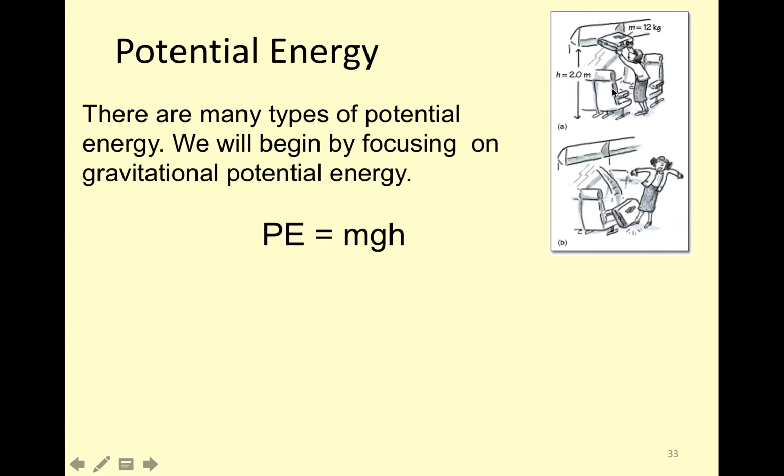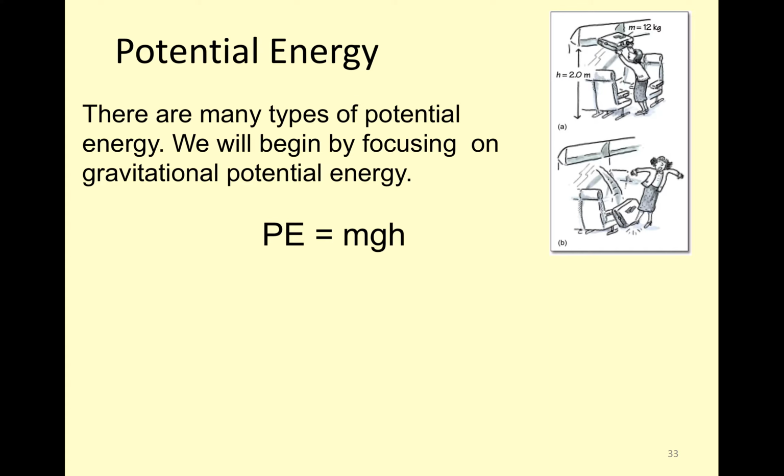So H final minus H initial, 0 minus, let's say 2 meters is -2. That would be a loss of potential energy.